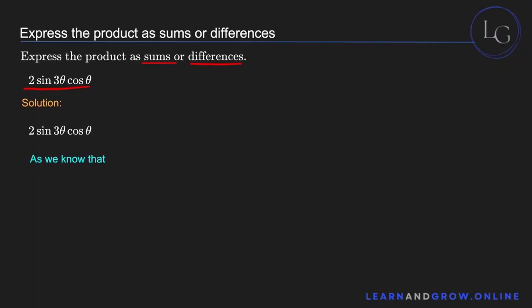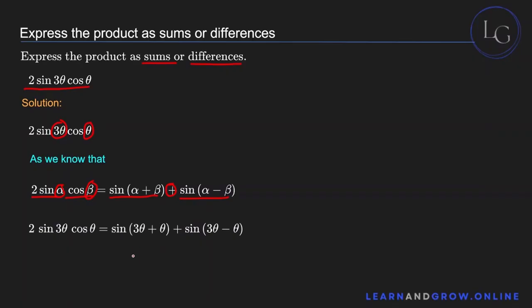So it says 2 sine 3 theta cos theta, and we already know that 2 sine alpha cos beta is equal to sine alpha plus beta plus sine alpha minus beta, right? And these are just subtle differences, but you need to know how to get them. Okay, so since 2 sine alpha cos beta, we can replace alpha over here with 3 theta and beta with theta, and so you get this, and then just add them up.